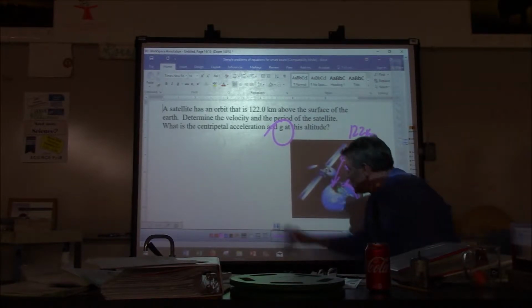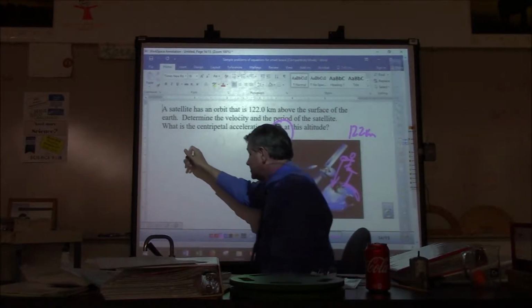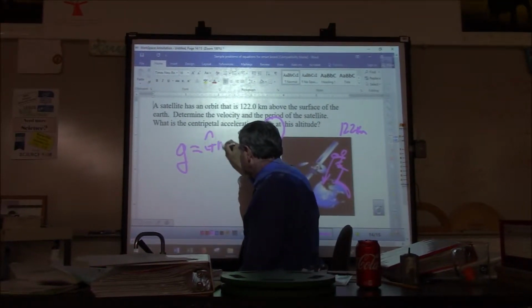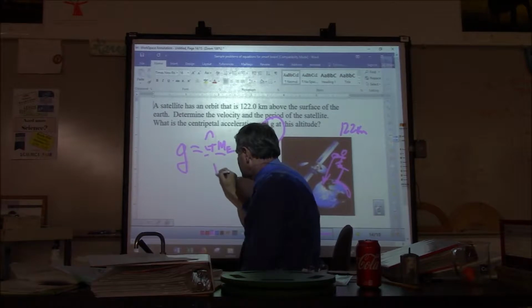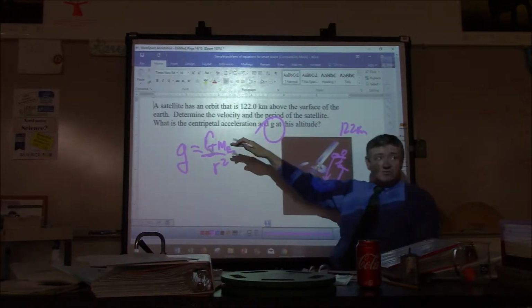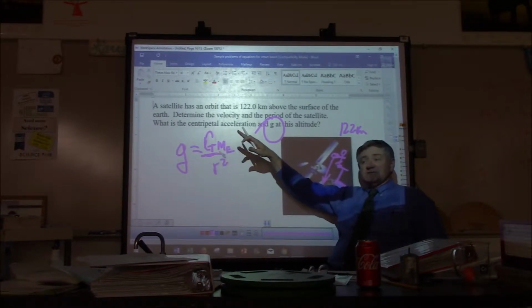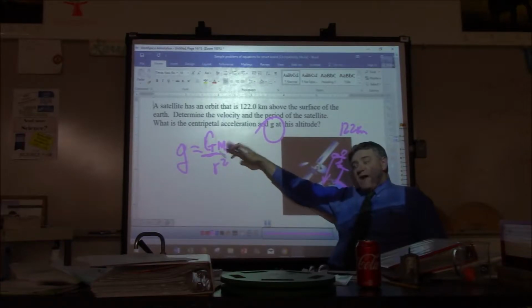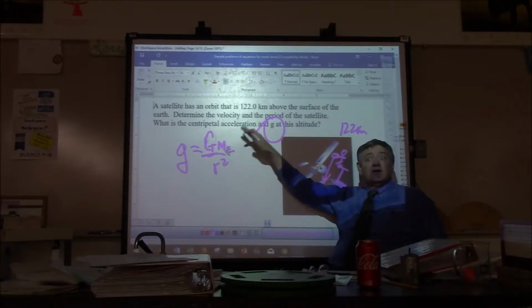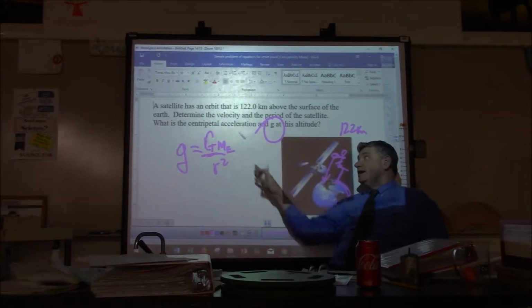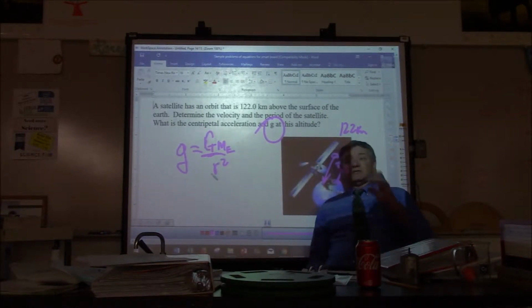The only way that you can calculate little g, as opposed to big G, is big G times the mass of the Earth over r squared. This is why this equation is so important. This is not the mass of what's dropped. This is the mass of the gravitational source, which is why your gravitational acceleration is not dependent upon the mass of what you drop.